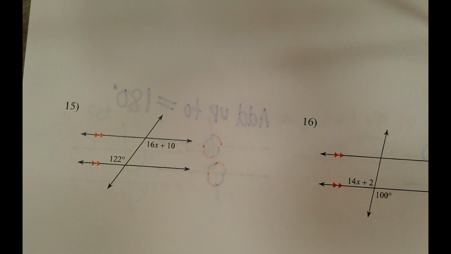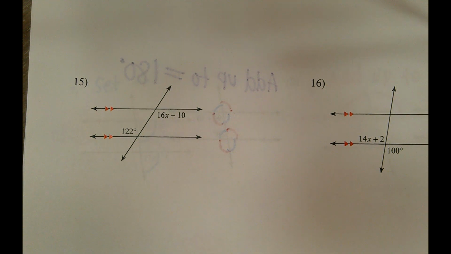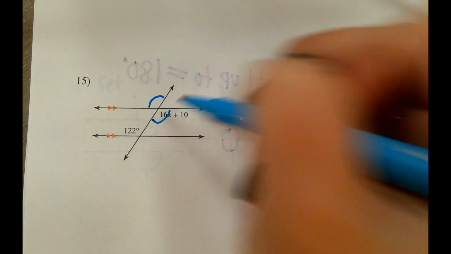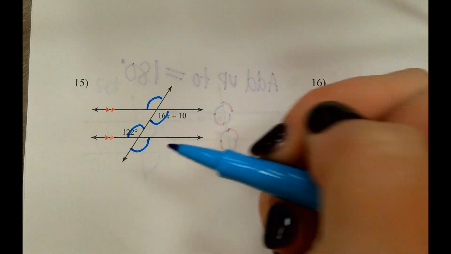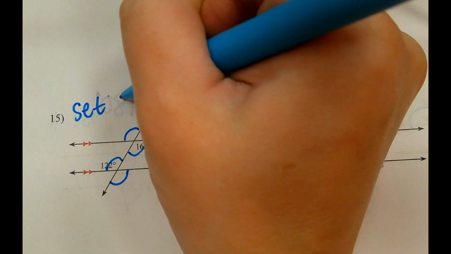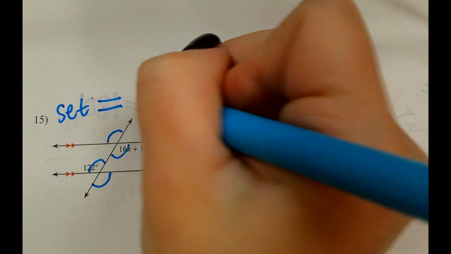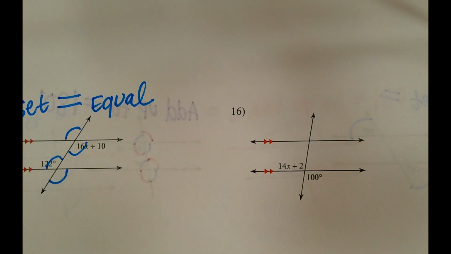Okay, how about 15? Equal or 180? Let's check. This one's equal, this one's equal, this one's equal, this one's equal. Yep, you're right, these are equal. Okay, so set equal. How about 16?